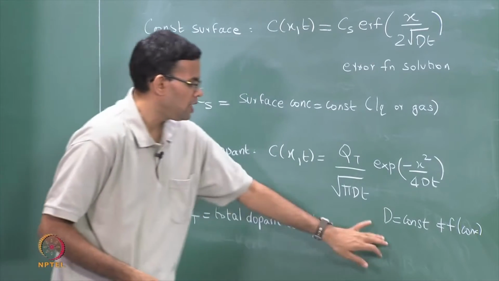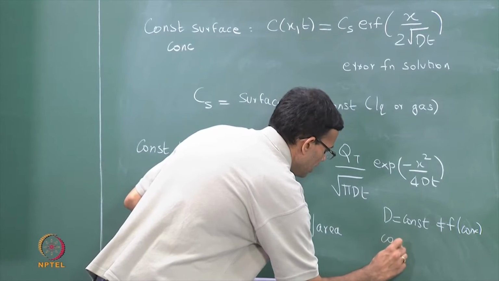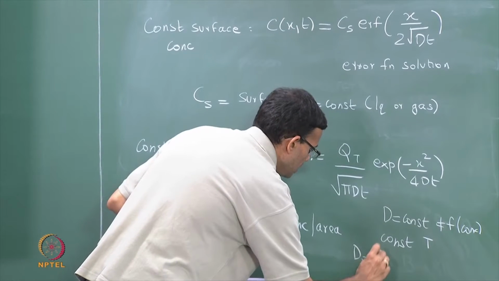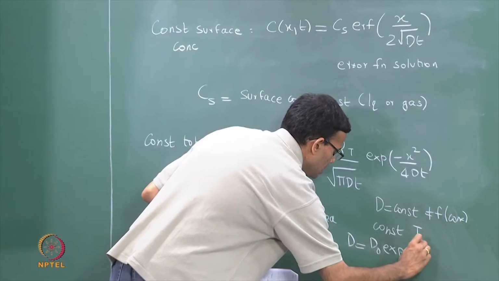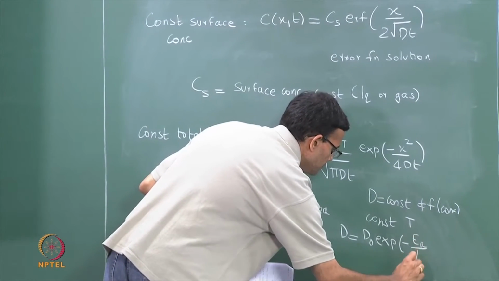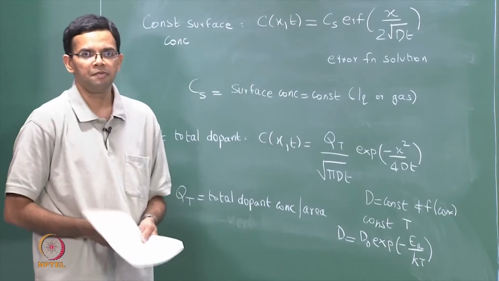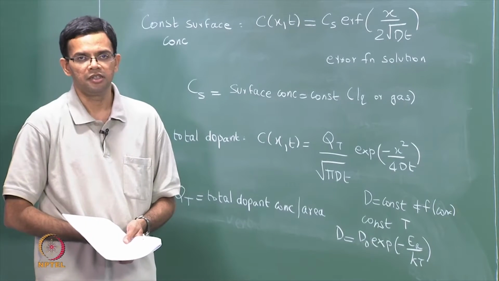But here we are assuming that D is a constant and all of these processes are at constant temperature. So that D can be written as a simple D naught exponential minus EA over KT. So D naught is the pre-exponential factor and EA is the activation energy.